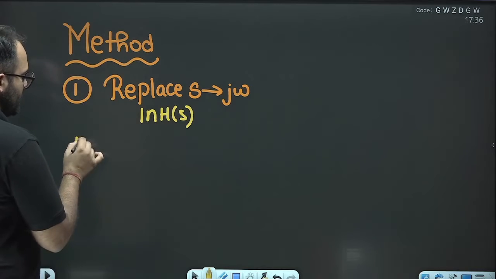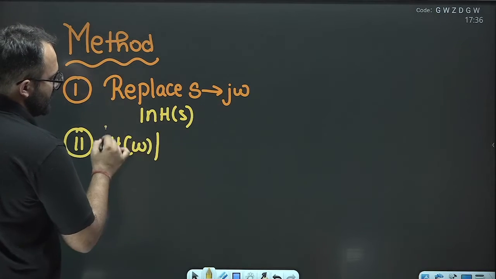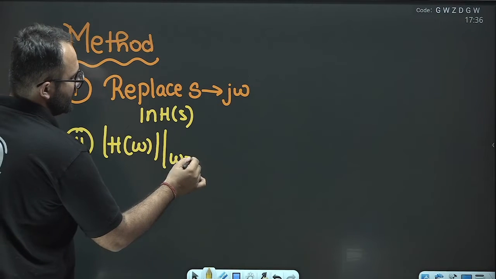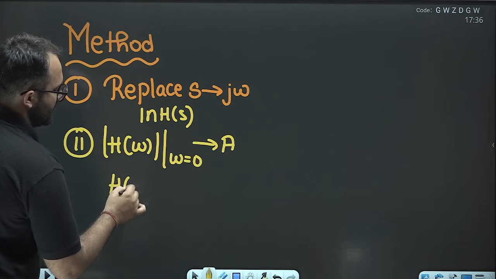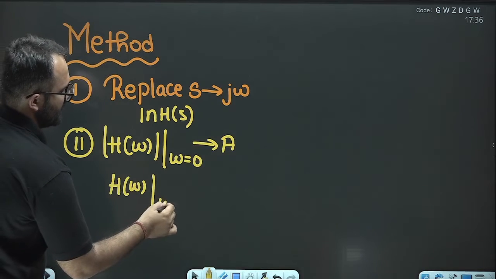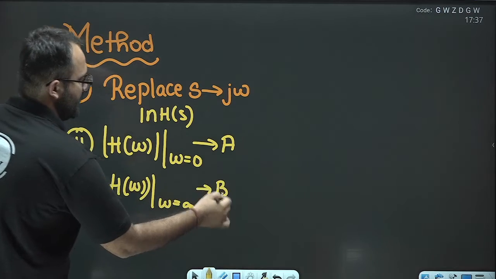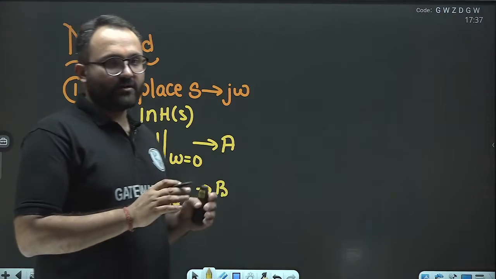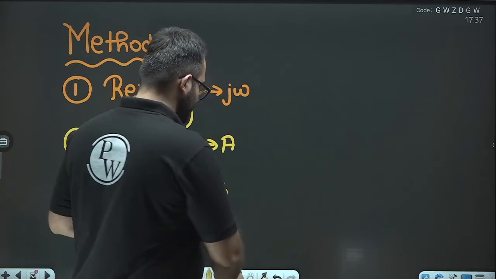Now step 2, find out the magnitude of H omega at omega equals 0. Let us say this is A. And find out the magnitude of H omega at omega equals infinity. Let us say this is B. So we have to find out the magnitude at 0 frequency and infinity frequency.